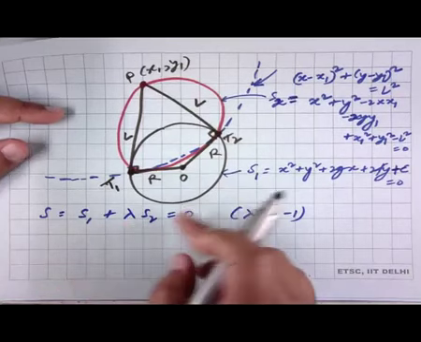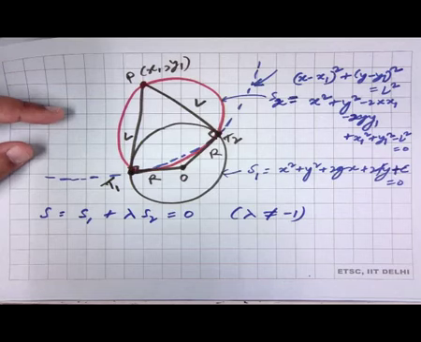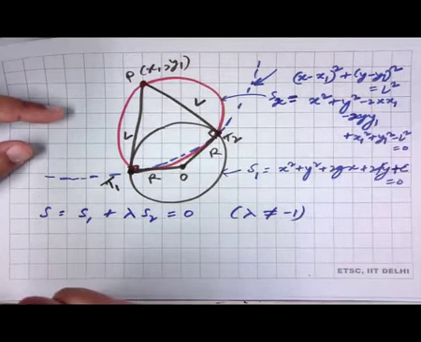By changing lambda we will get different circles which pass through T1 and T2. This is the point of intersection of these two circles.